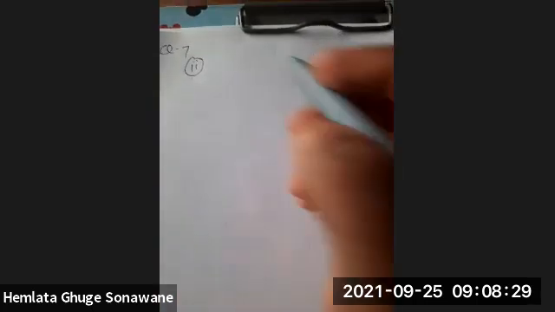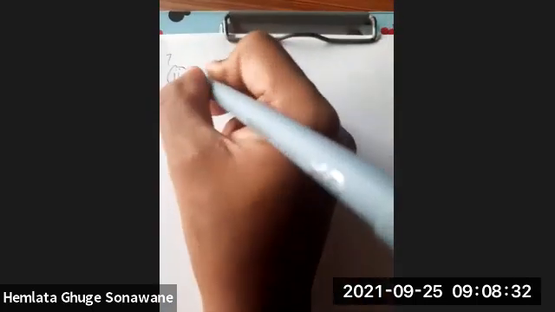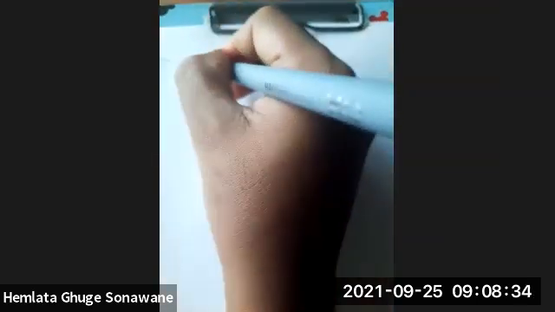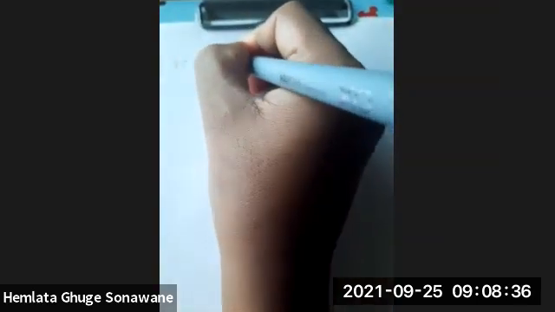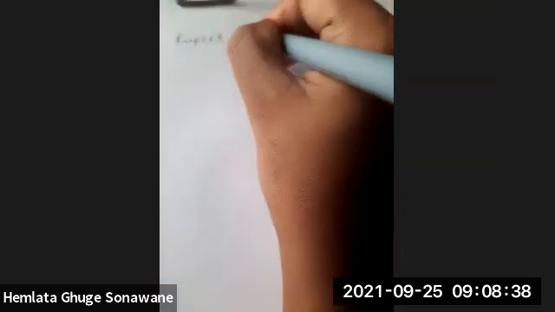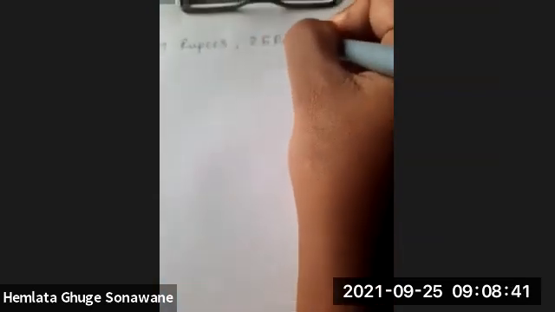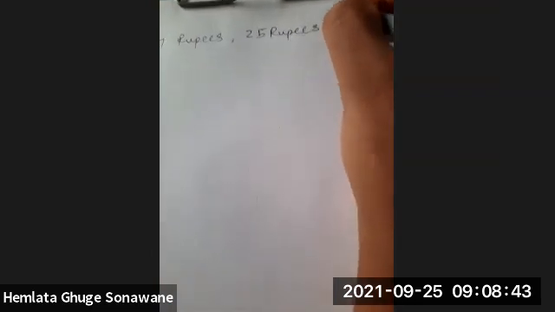We'll take the next example of question number 7. That is the second example. 17 rupees and 25 rupees 60 paise.